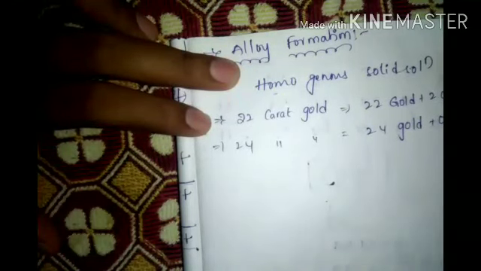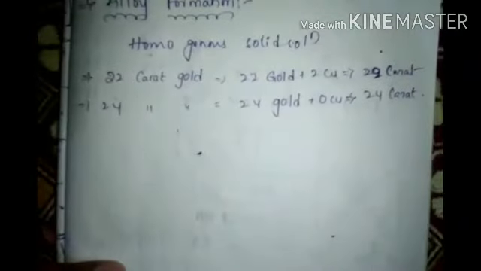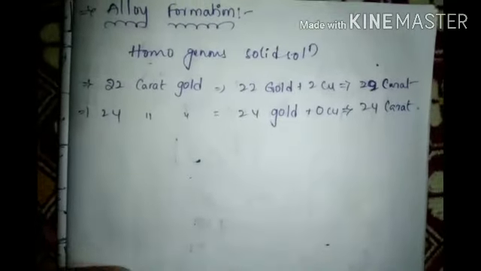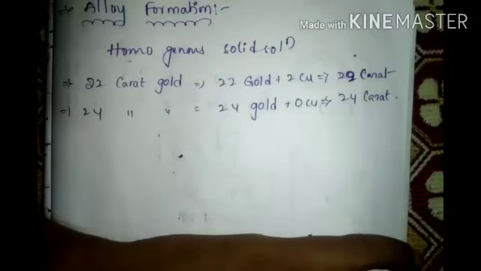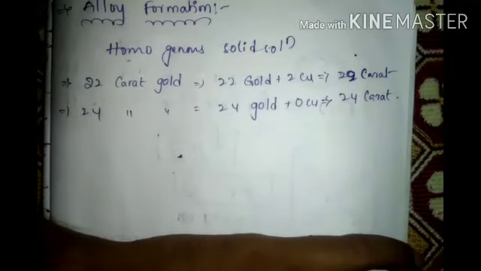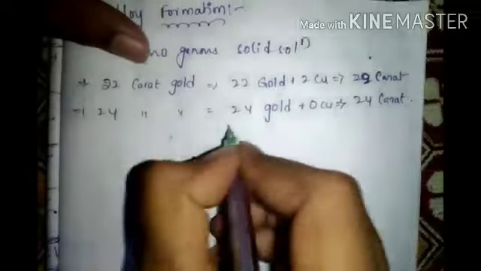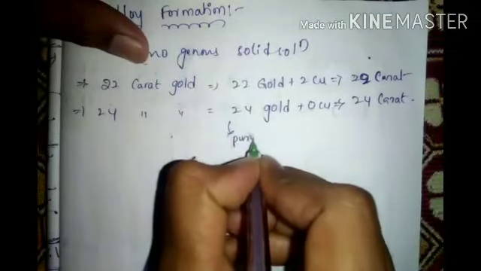It is called 24 karat. Here copper we are not counting. 22 karat gold is 22 gold plus 2 copper. 24 karat gold means 24 gold, 0 copper. It is called pure. This is pure one. This is alloy.